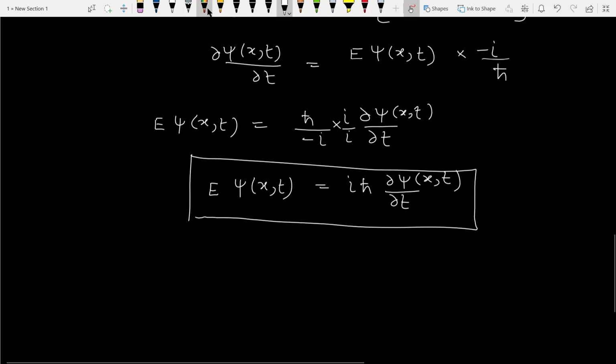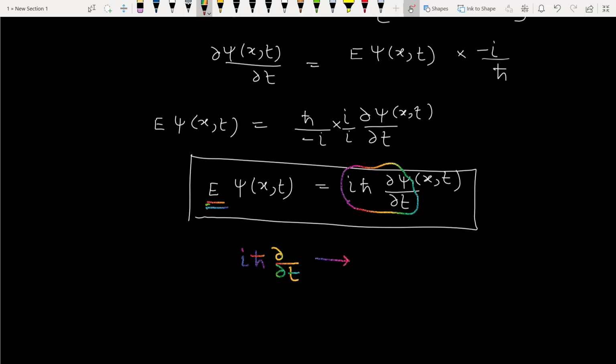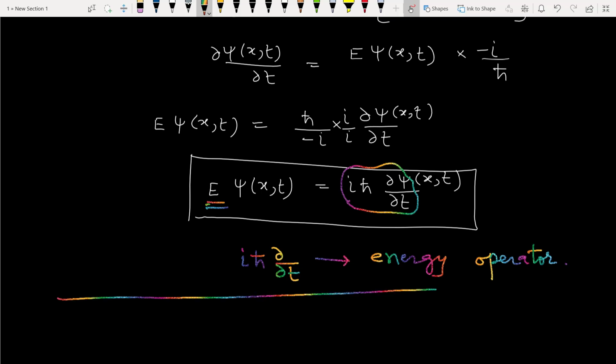Comparing both sides, iota h cut ∂/∂t is called the energy operator. So these are the two main kinds of operators used in quantum mechanics.